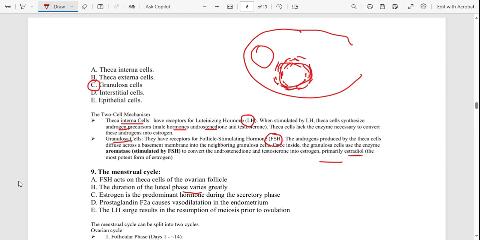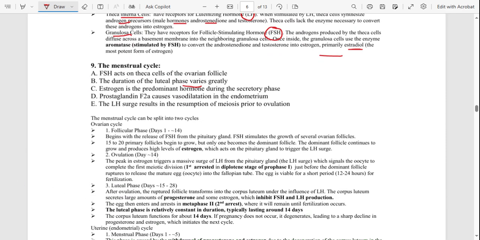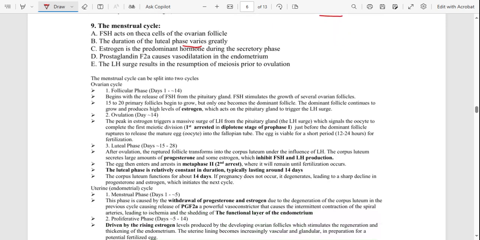So for us to understand them, let me just go through an overview of the menstrual cycle. The menstrual cycle is made up of what is happening in the ovaries and what is happening in the uterus. So I've got the ovarian cycle and the uterine cycle, or the endometrial cycle, and these are correlating.